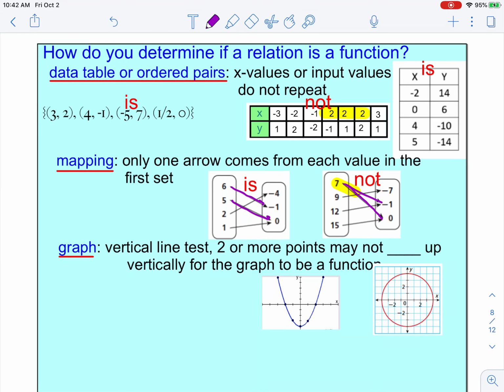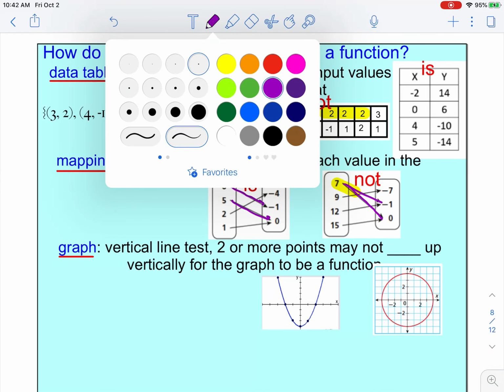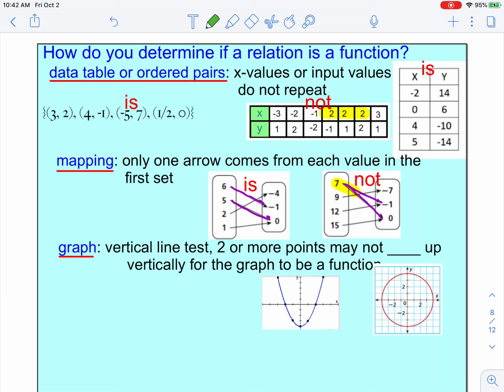And finally, we can tell whether it's a function from a graph, again by doing that vertical line test. Two or more points may not line up vertically for the graph to be a function. Another way to look at it is two points can't be on the same vertical line.